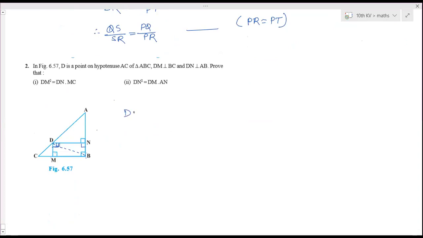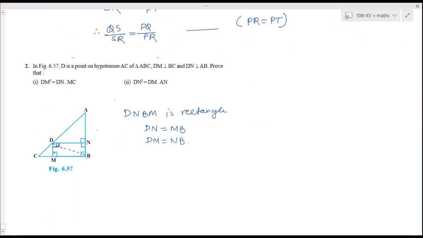DNBM is a rectangle, so DN is equal to MB and DM is equal to NB. This part we have done first.